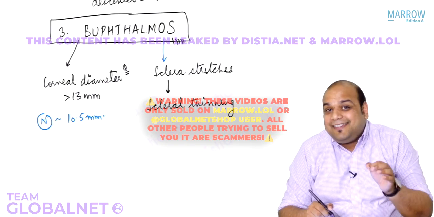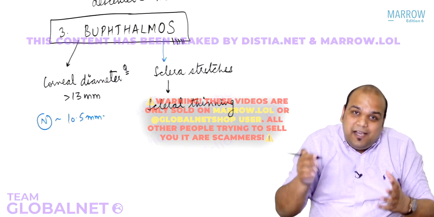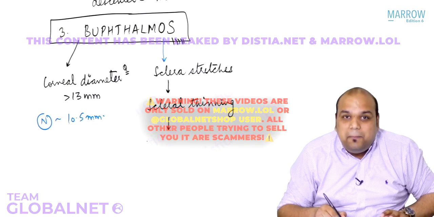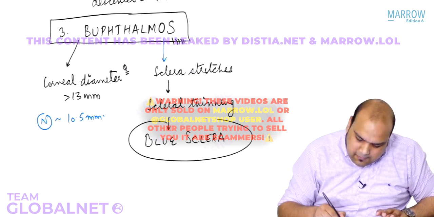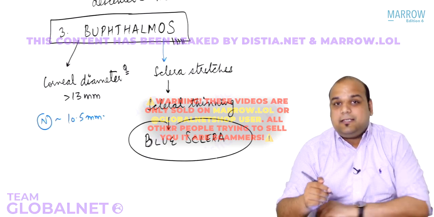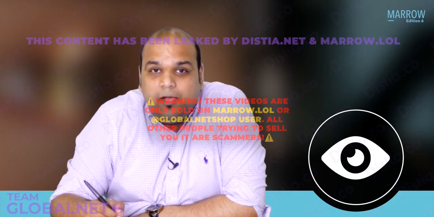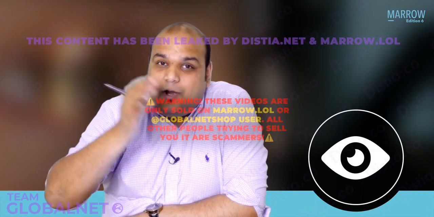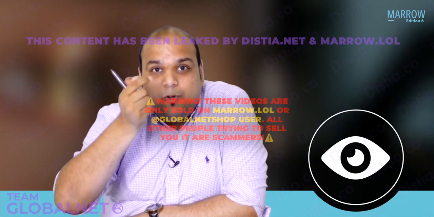Due to the scleral thinning, everybody, you are able to see the deeper blood vessels in the uvea, which is giving you a bluish appearance. So you say that the sclera has become blue. Okay. Now imagine, everybody, the sclera is blue and the cornea is hazy. A hazy cornea will also give a grayish bluish color. So try to imagine the whole eye will look blue.